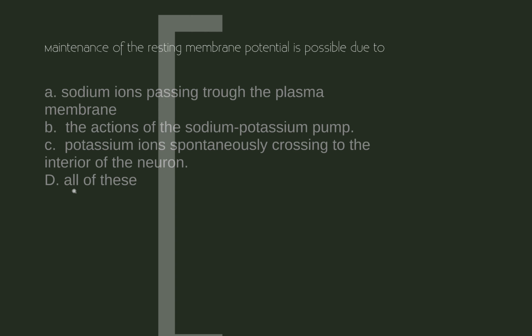The correct answer is the sodium-potassium pump, because it pumps them back against the concentration gradients. Sodium ions do not pass through the plasma membrane, they have to go through ion channels, and potassium ions do not spontaneously cross the interior of the neuron.